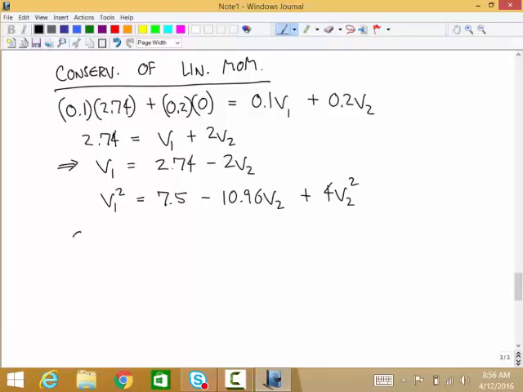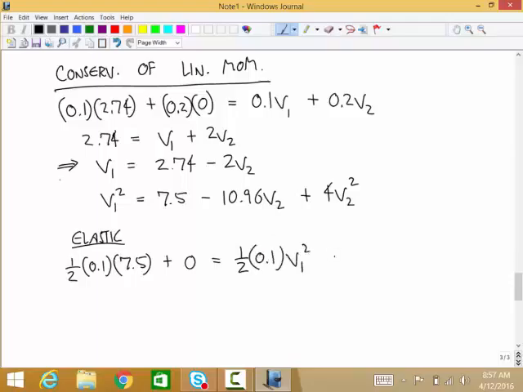And then the elastic equation says 1/2 times the mass of the first one times its speed before the collision squared, plus the kinetic energy of the second one before the collision, is equal to 1/2 times 0.1 v1 squared plus 1/2 times 0.2 times v2 squared.